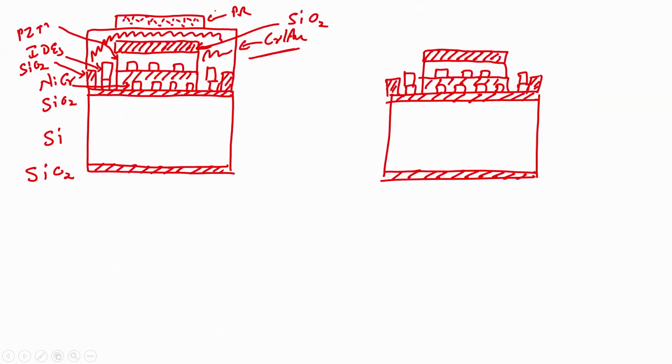So, if I dip this wafer in a chrome gold etchant, first I can dip in gold etchant followed by chrome etchant, right. What will I have?